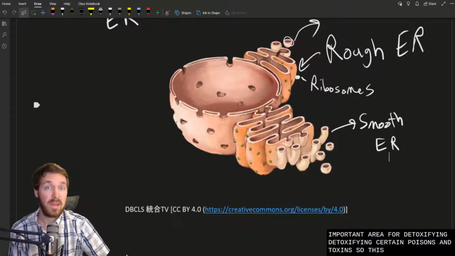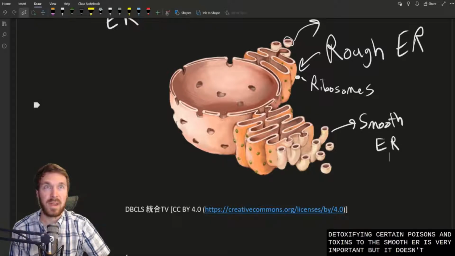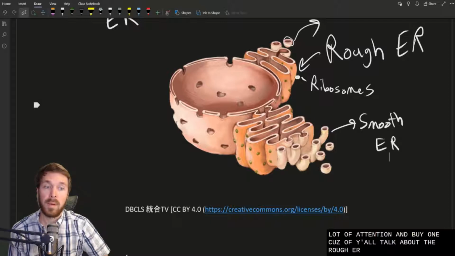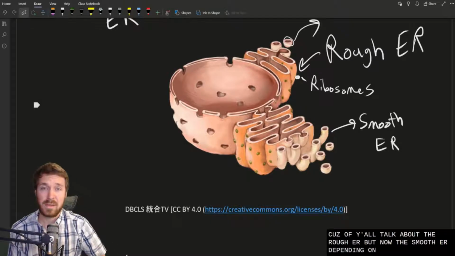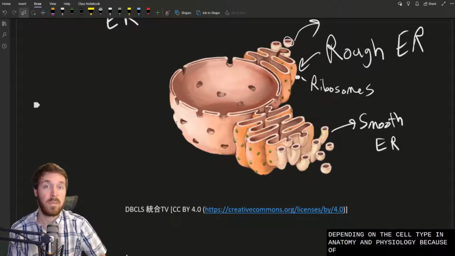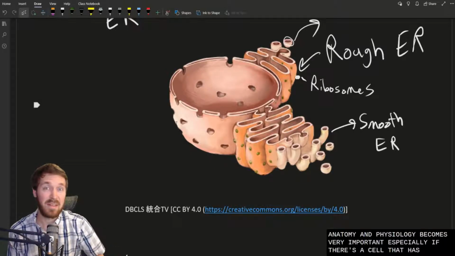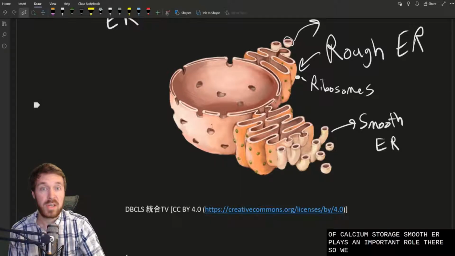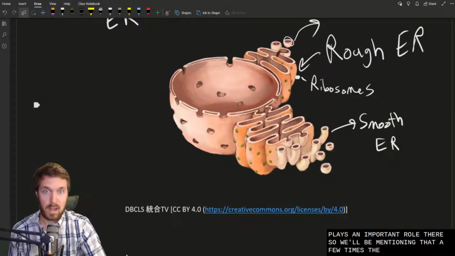So the smooth ER is very important, but it doesn't get a lot of attention in Bio 1 because you all talk about the rough ER. But now the smooth ER, depending on the cell type and in anatomy and physiology, becomes very important, especially if there's a cell that has a lot of calcium storage. Smooth ER plays an important role there. So we'll be mentioning that a few times throughout anatomy and physiology.